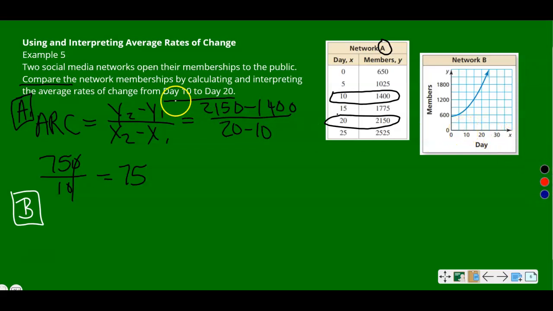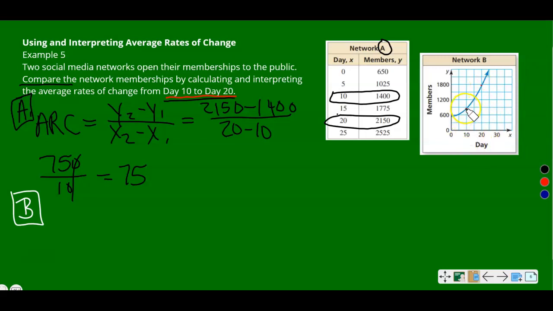We want to still look at the average rate of change between days 10 and days 20. So on day 10, the membership is about here. And day 20, the membership is up here. All right, so what numbers are we going to use? We're going to have to use kind of an estimate here because it's not an exact number.